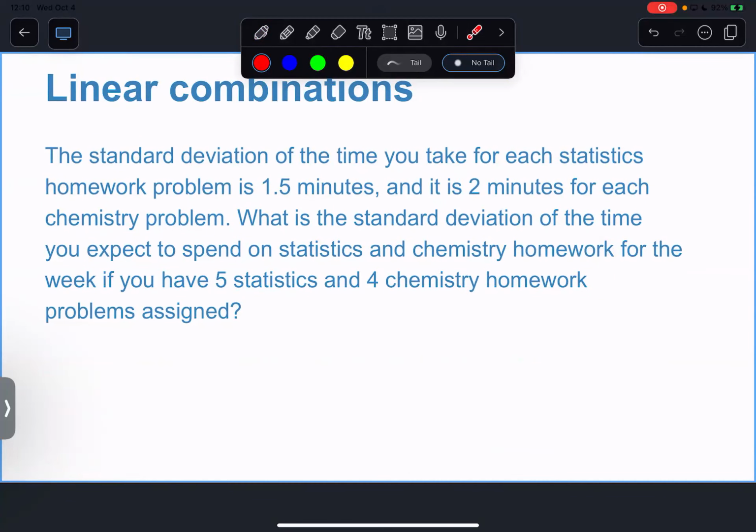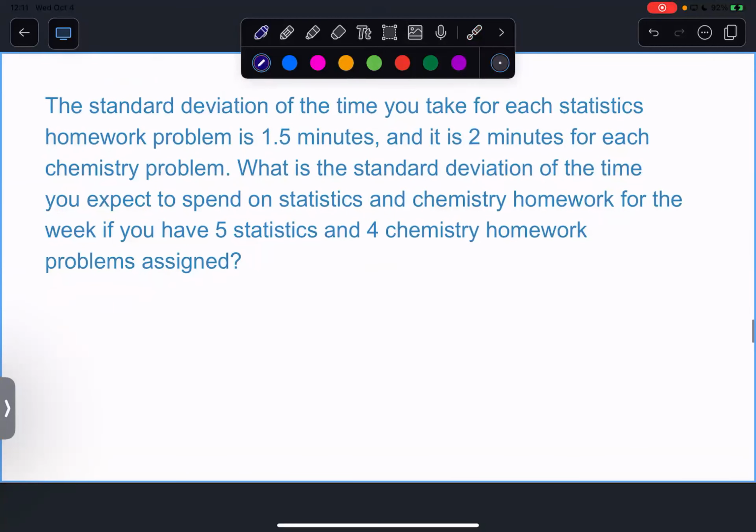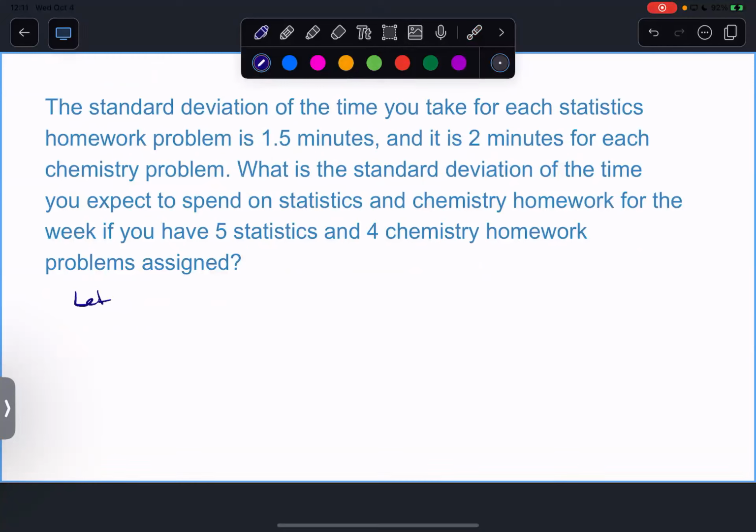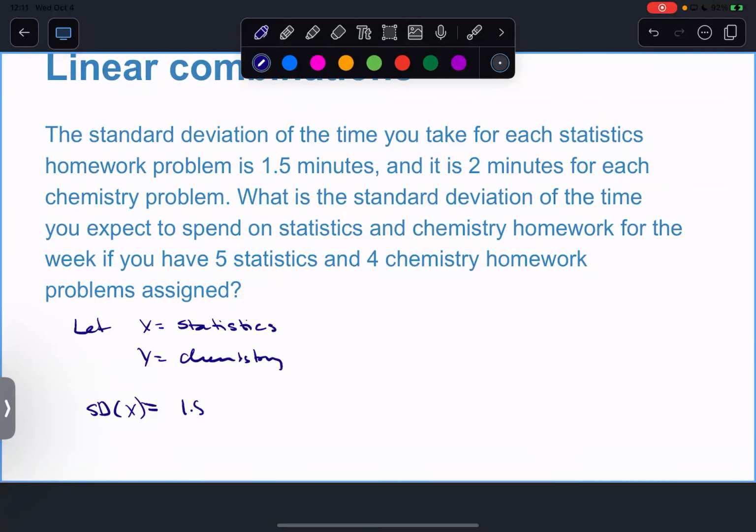What if I have the standard deviation? So we're given the standard deviation of the time it takes to do these problems. For statistics it is 1.5 minutes and 2 minutes for a chemistry problem. What's the standard deviation of the time you expect to spend? Well, this is the same as before, right? So again, I'm gonna let X be statistics and Y be chemistry. We were told that the standard deviation of X is 1.5.